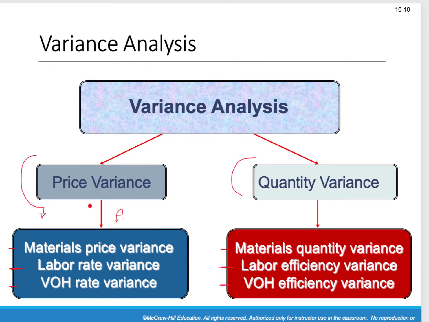Price variance has different names depending on whether we calculate it for materials, labor, or variable overhead. Same thing for quantity, whether it's called efficiency variance or quantity variance. We're still calculating the same thing, and these two, price variance and quantity variance, really make up our variance analysis.